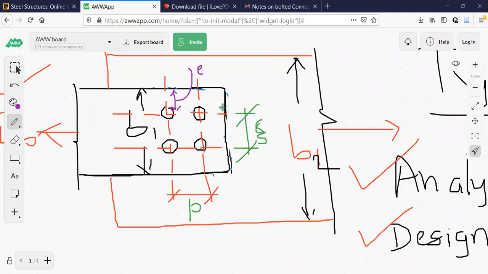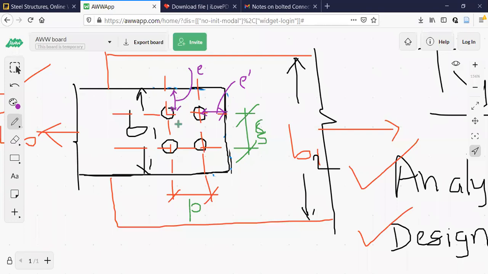And from the end, the plate ends here, one of the member ends here, from the center of this hole up to this is also E only. Both are almost of the same dimension, but we call them E dash and E just to differentiate. E dash is the end distance, and E is the edge distance.